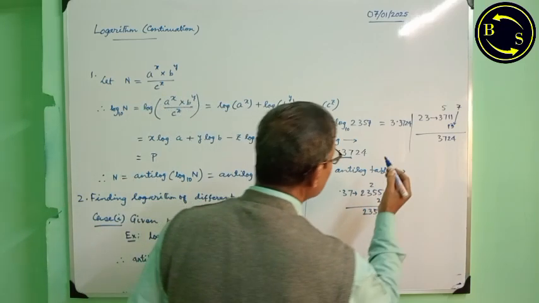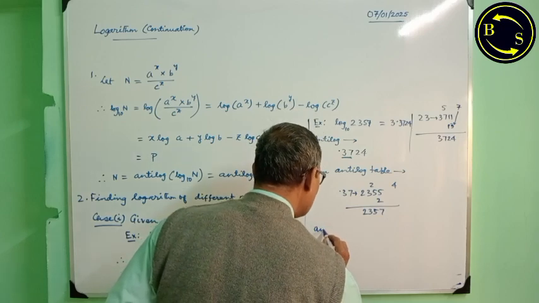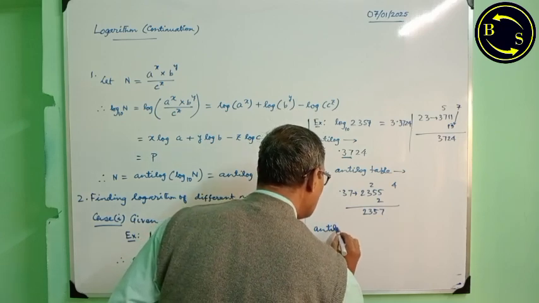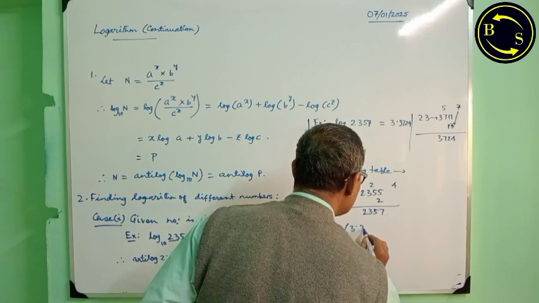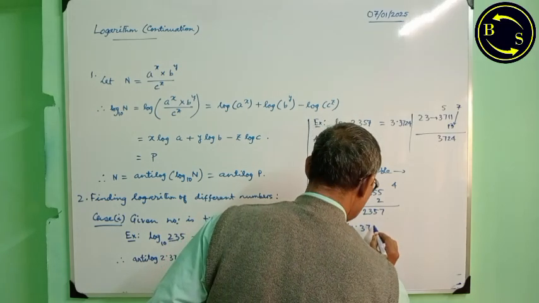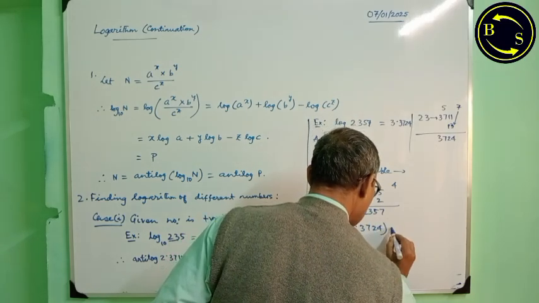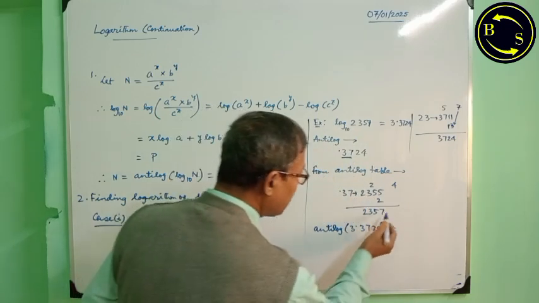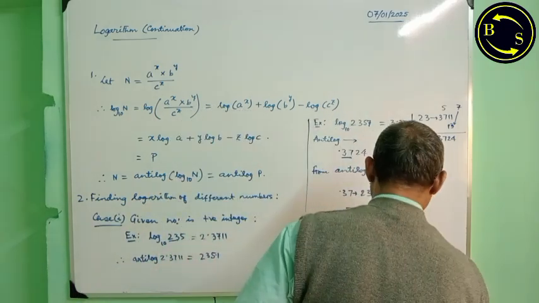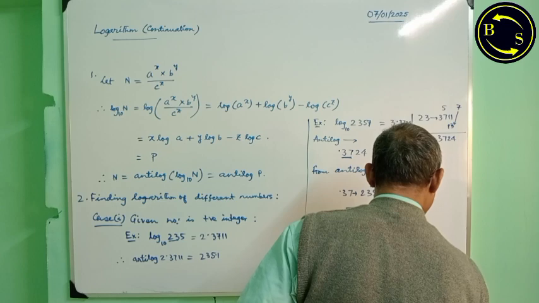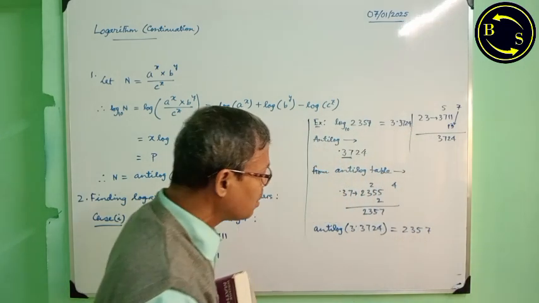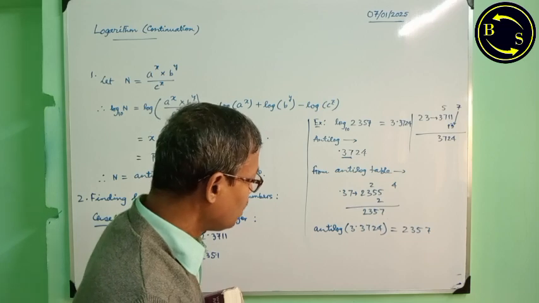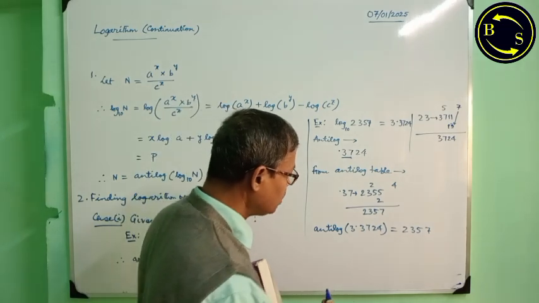Now, antilog of 3.3724. First, I write this value 2357. Now, 3 determines the position of the decimal point.